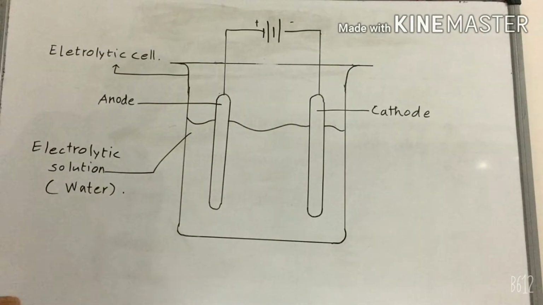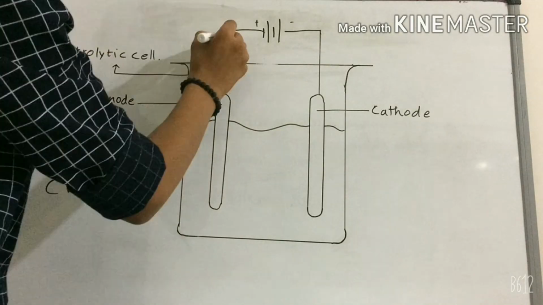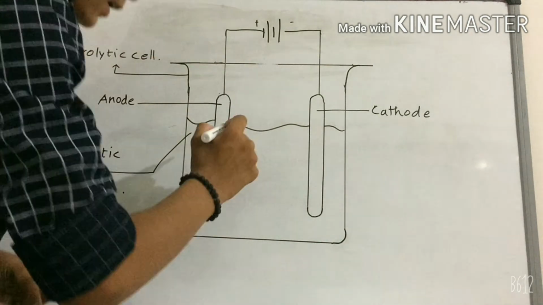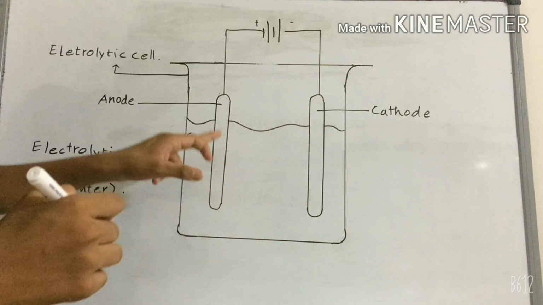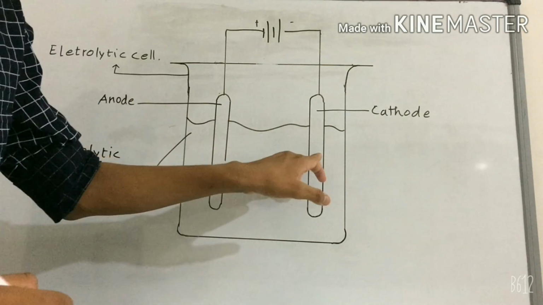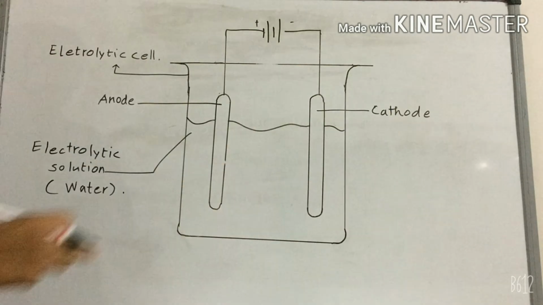Okay, now we have a battery here. These are copper wires, no need to name them. Now this carbon rod is known as anode and this carbon rod is known as cathode.